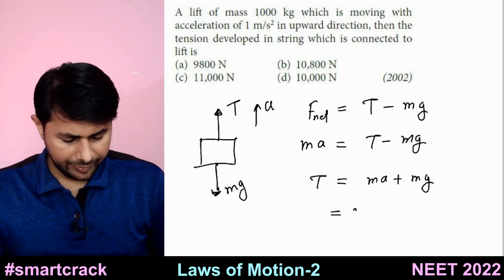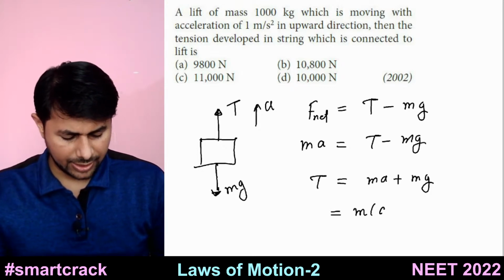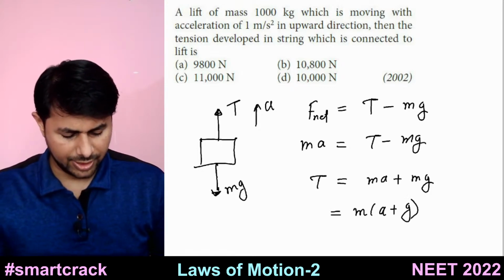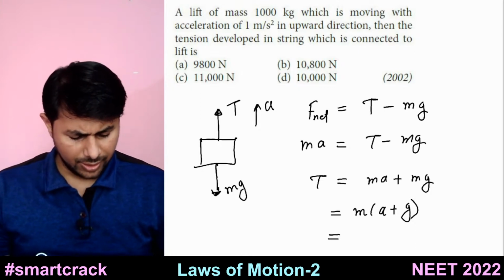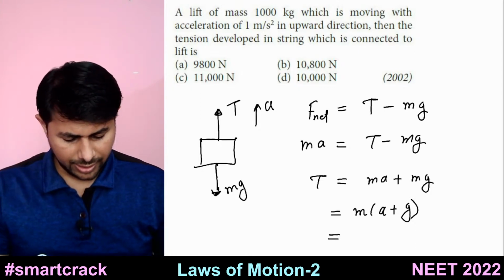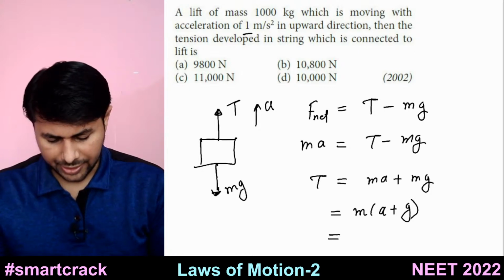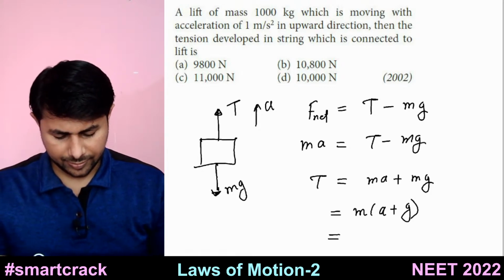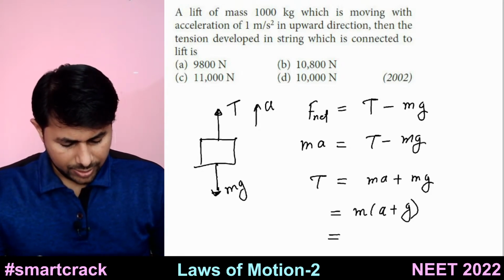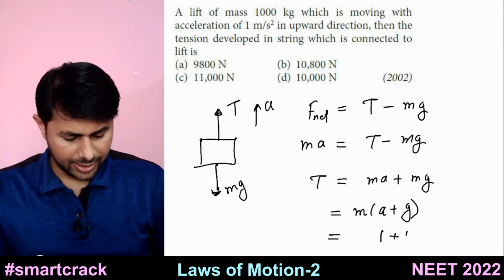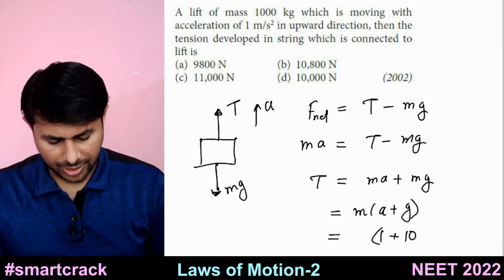You can take m common. So it is m times (a plus g). And how much is that? So acceleration is 1 meter per second squared. So 1 plus g is 10. How much is mass? 1000.